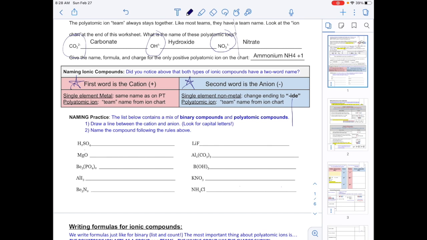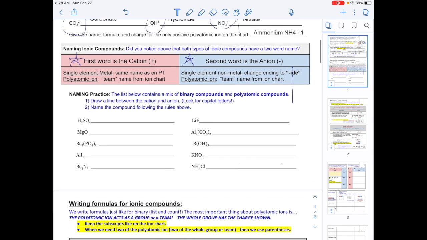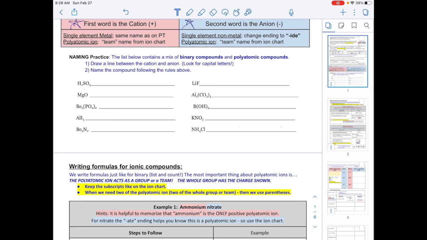So for some naming practice, the list below contains a mix of binary compounds and polyatomic compounds. First, draw a line between the cation and anion. Look for capital letters. Then name the compound following the rules above. So here I see H2SO4.